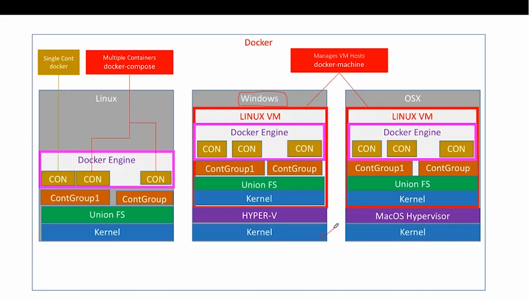Okay, you don't have to do anything else. Hyper-V automatically comes with your Windows machine, just like Mac OS Hypervisor comes with Mac machines. You don't need to do anything else. Those already come with the Windows OS and the Mac OS X respectively. Okay. So Docker knows that Windows has the Hyper-V, and it knows that Mac has the Mac OS Hypervisor. So there's nothing you need to do.